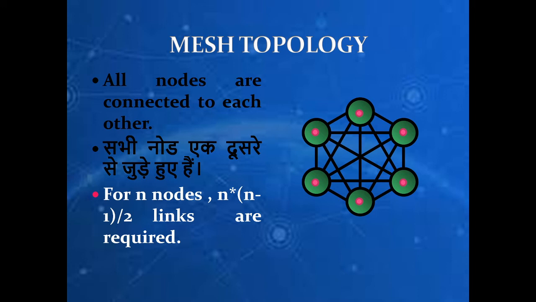And to find out how many links are required, there is a formula so that you can calculate the number of links. If n number of nodes are there, you can find out how many links there will be. The number of links will be n into n minus 1 divided by 2, that is, n(n-1)/2.